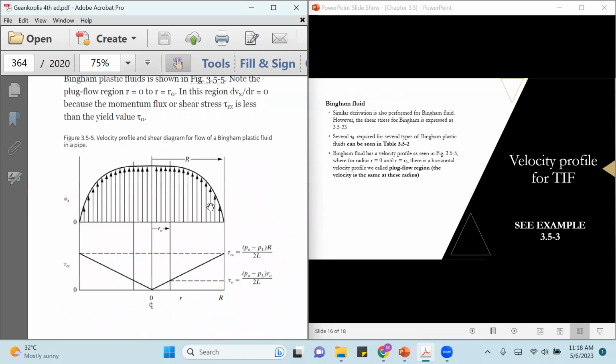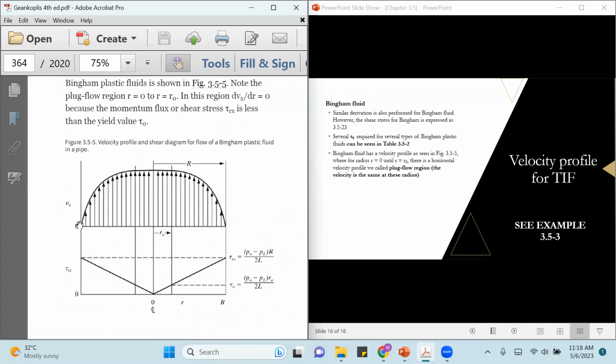So for Bingham plastic fluid, it will have a velocity profile inside a pipe like this. So 0 near the wall, and the highest is exactly in the center. However, previously it was like an ellipse, right? But this one, no. It has a blunt area, a plateau area here, for the velocity.